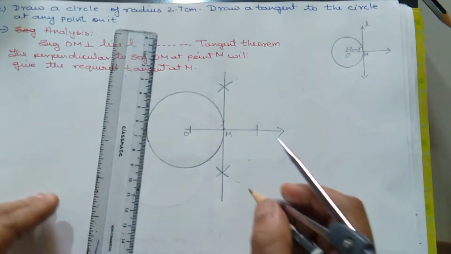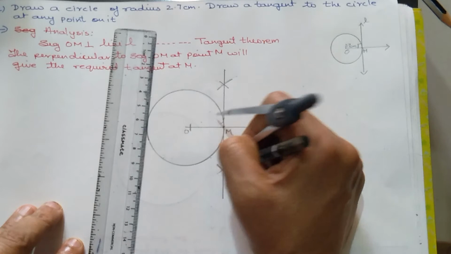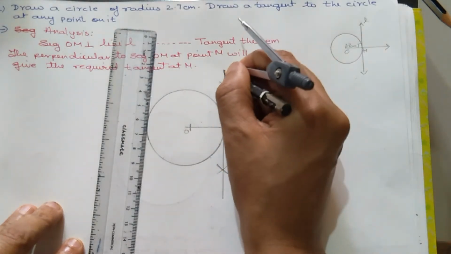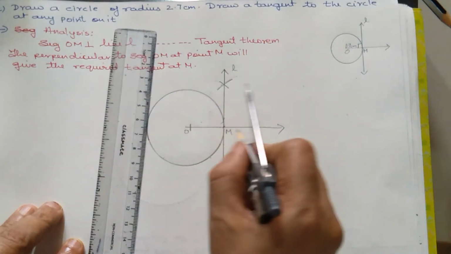So wherever the two arcs intersect, through that intersection point, and from point M the line should pass. So this is your line L, which is perpendicular to ray OM.